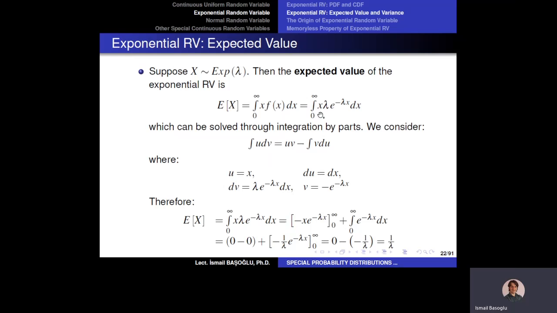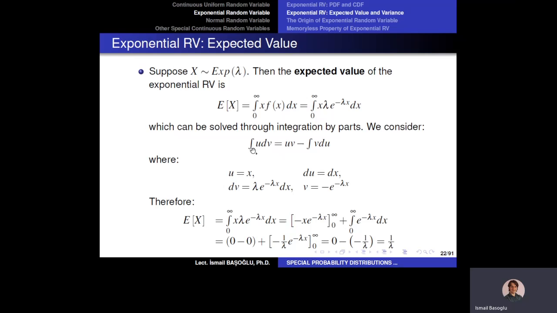So you see in this integrand, we have x, and there is also an exponential function. So this function is the product of a polynomial and an exponential function. And in order to solve such integrals, we need to use integration by parts. So you know the integration by parts from the calculus course.